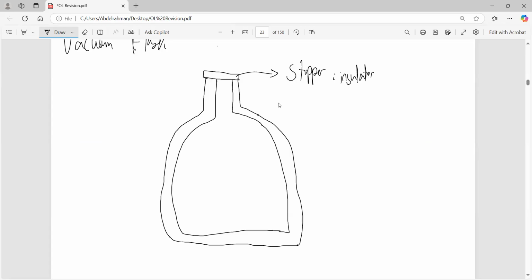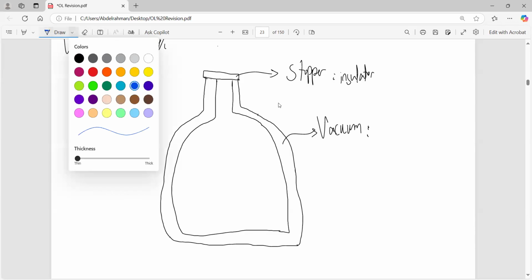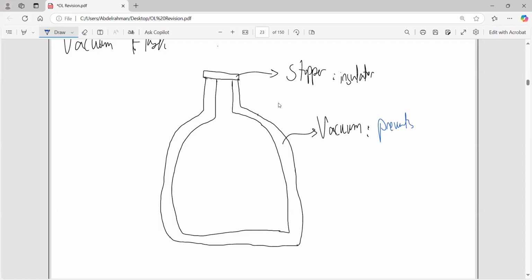Second thing, we have a vacuum between these two surfaces. Why do we have a vacuum? To completely prevent conduction and convection.